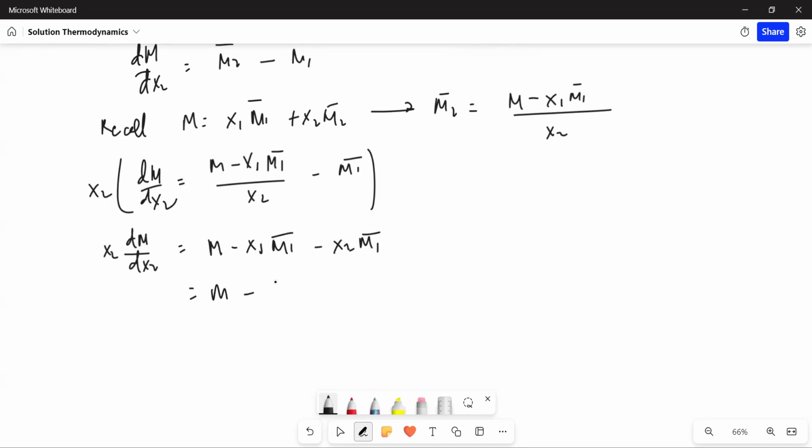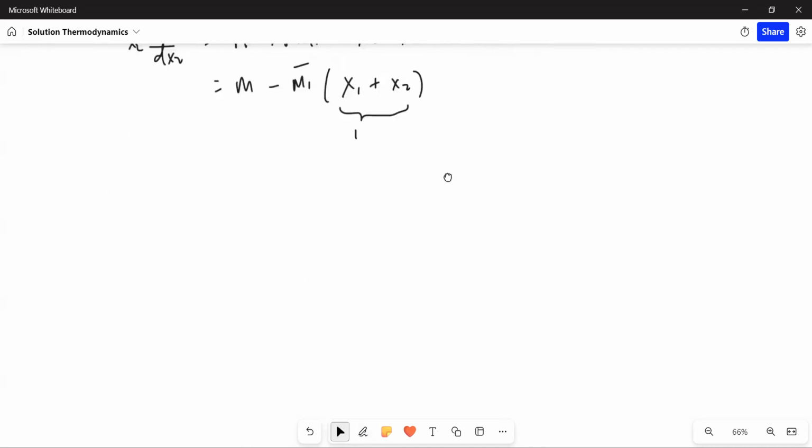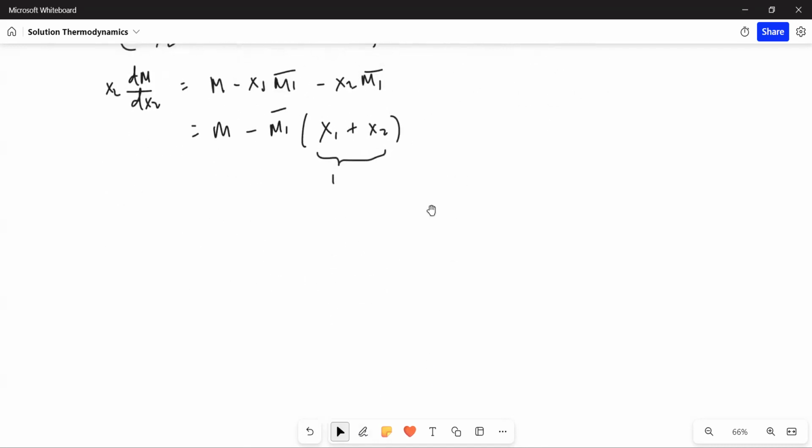We take out M1 bar from the two expressions, but x1 plus x2 is equal to 1. Therefore, our equation becomes x2 dM over dx2 equal to M minus M1 bar.